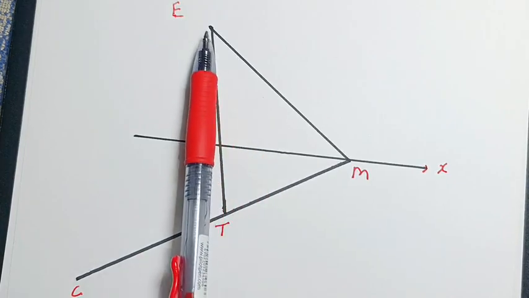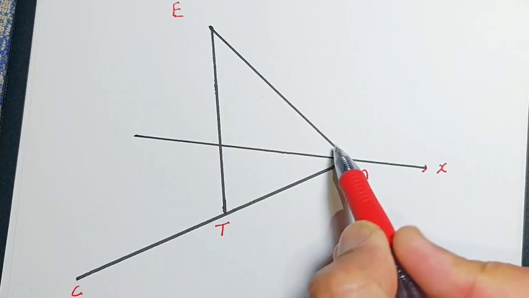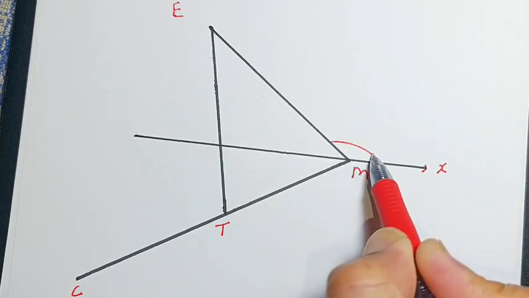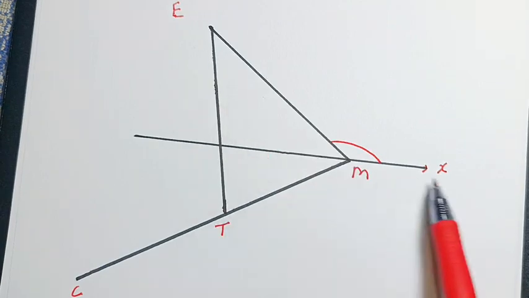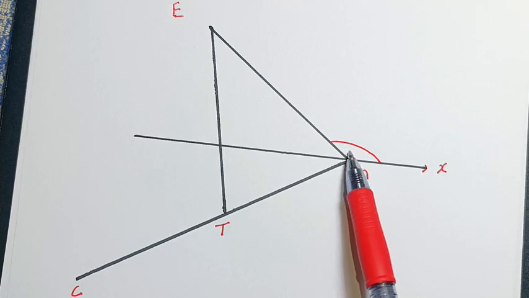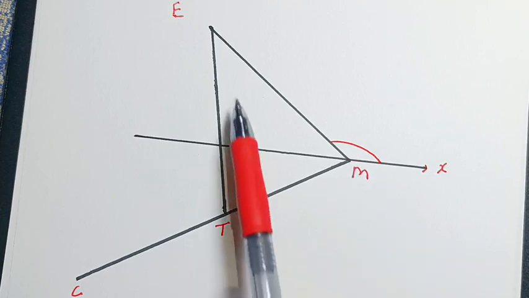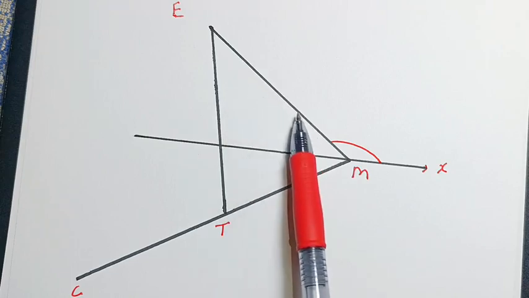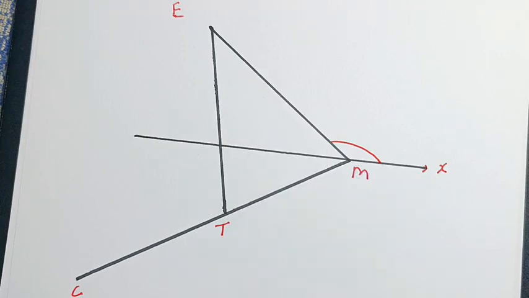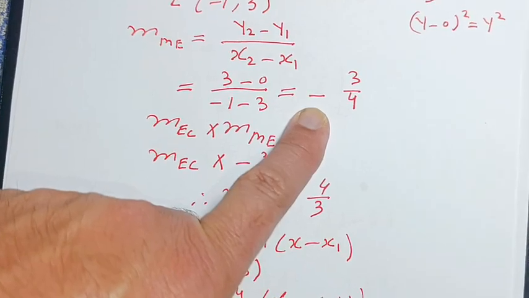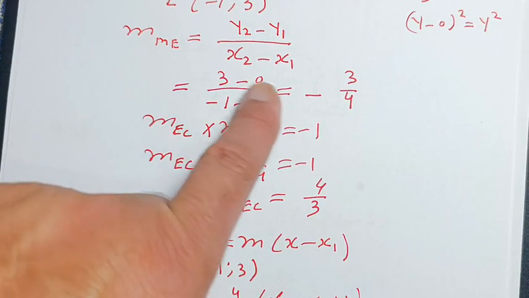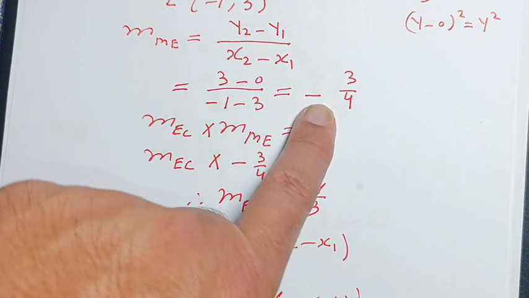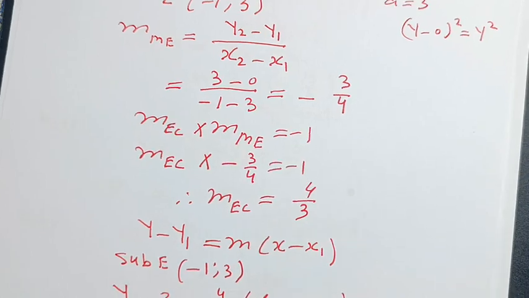Look here. So I'm gonna find the angle of inclination, EMX. So obviously you're coming down, this is going to be negative, so we have to add 180. So remember earlier we found the gradient of ME, which is -3/4 in question 4.2.